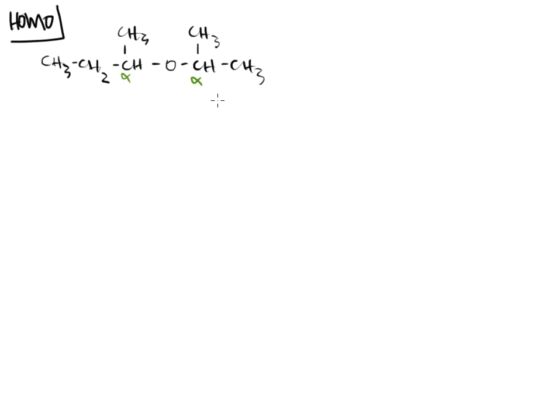So I'm going to tackle the right-hand one first because that's going to be a little easier. What happens here is that at this alpha carbon, we can make the decision to cut away a bond. So it's not going to happen at the oxygen. It's going to happen at the carbon that's attached to the oxygen. So let's just get rid of this one. There's that sound effect. I know you like that.